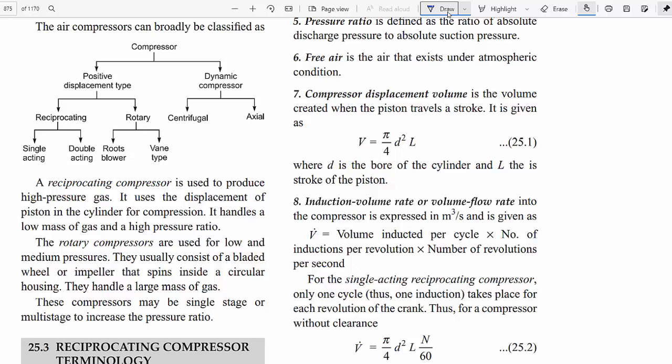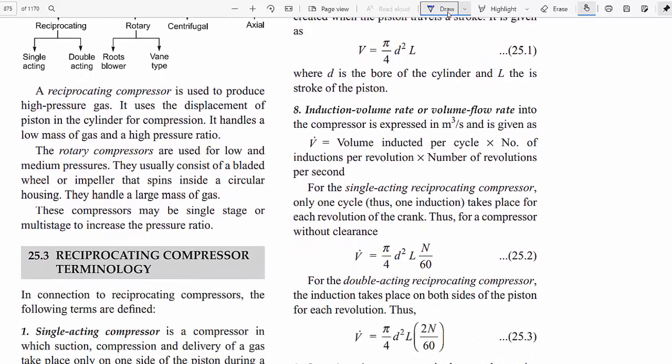For a single acting reciprocating compressor, V = π/4 d² L × N/60. Only N/60 is added. The displacement volume is π/4 d² L, and it is multiplied with speed. A is the cross section area, L is the stroke length and N is the speed. To convert RPM to RPS, it is divided by 60.